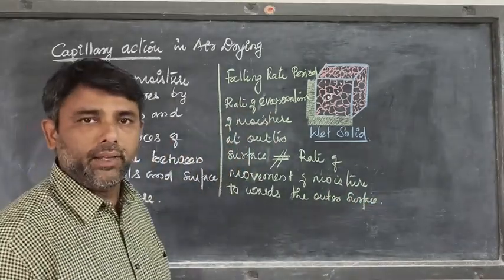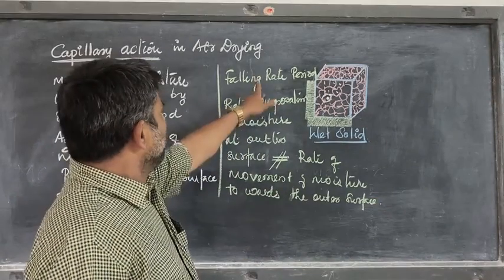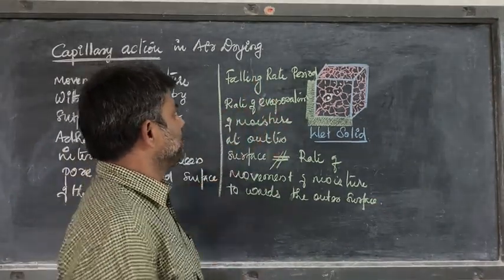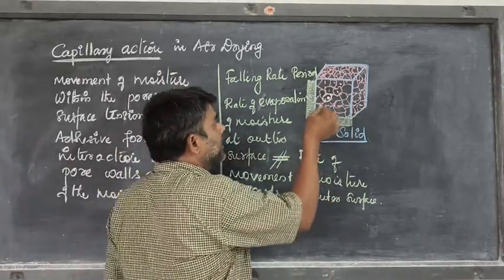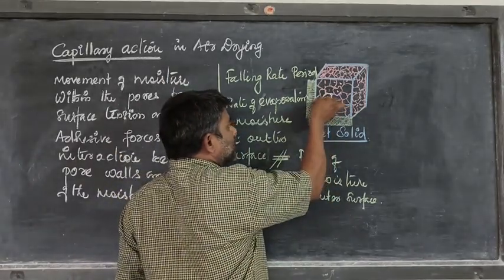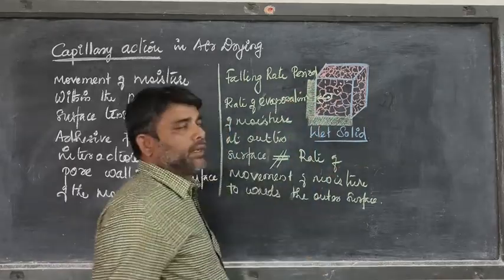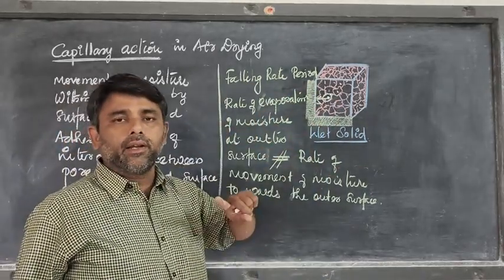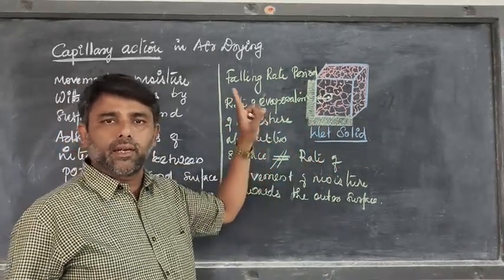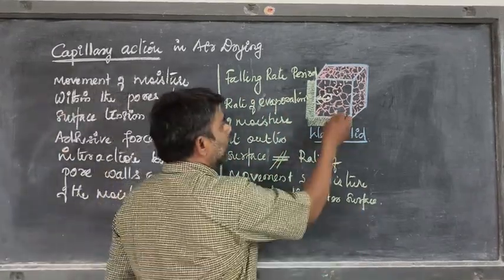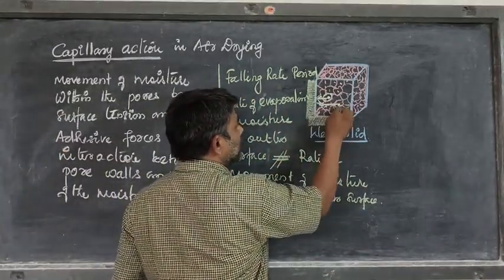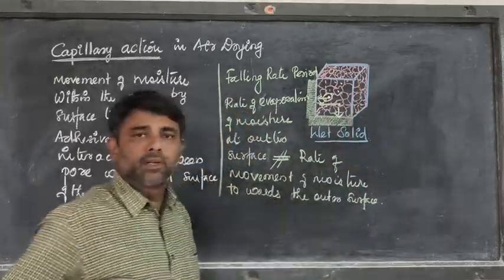Clear? In falling rate period, rate of evaporation of moisture in the outer surface will not be equal to rate of movement of moisture towards the outer surface. It will be less value. Rate of evaporation of moisture at the outer surface is greater than that of rate of movement of moisture towards the outer surface. Clear?